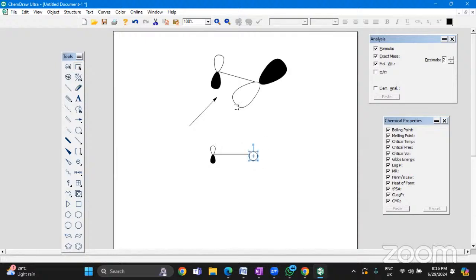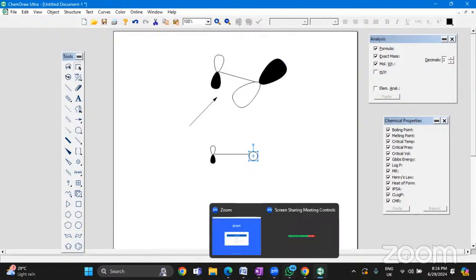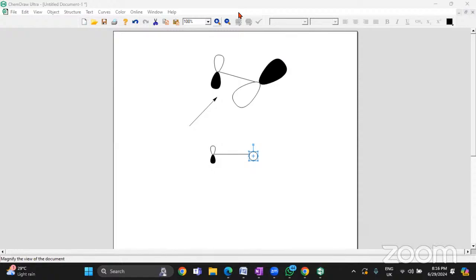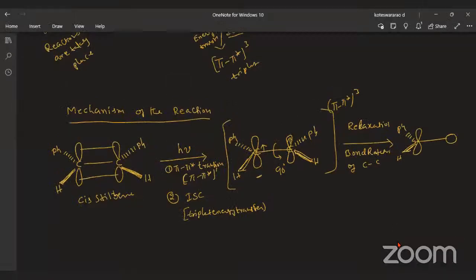The other shaded lobe will be hidden. Therefore, once you rotate 90 degrees, it will appear like this.